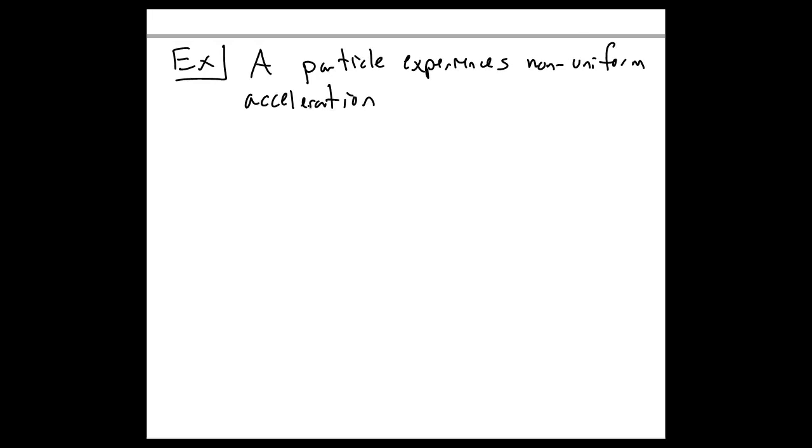Let's consider another example where a particle experiences non-uniform acceleration, where the acceleration as a function of time is equal to some constant k over time squared. And we want to know what are the units of k.